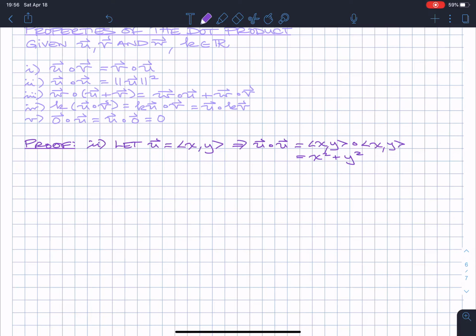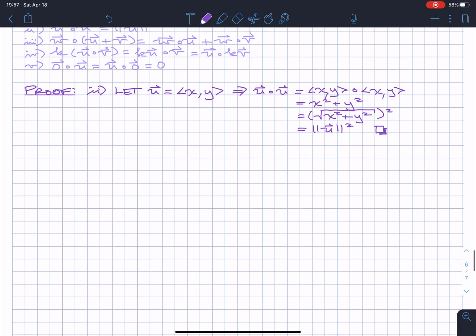And do you agree that that's the square of the square root of x squared plus y squared? So it's the magnitude of u squared. Check mark there. Actually, let me do a little box. It'll look nicer.